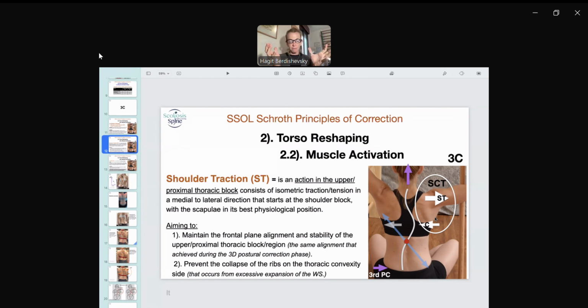Usually, if you bring the arms to 30 degrees from the horizon, a little bit forward, the elbows, the arms, and the scapula will sit properly.